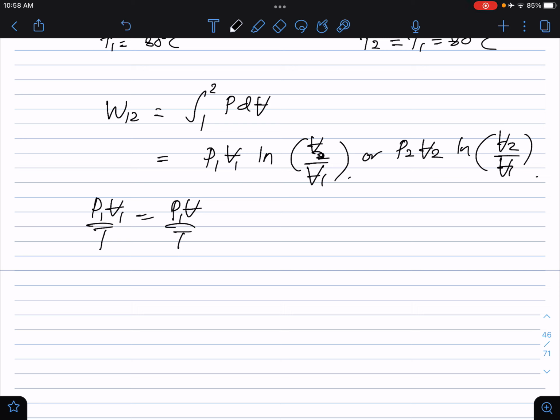So this is 2, 2, 2, 1. For a constant temperature here, I cancel out T1 and also T2. So that's why we can use P1 V1 equal to P2 V2.